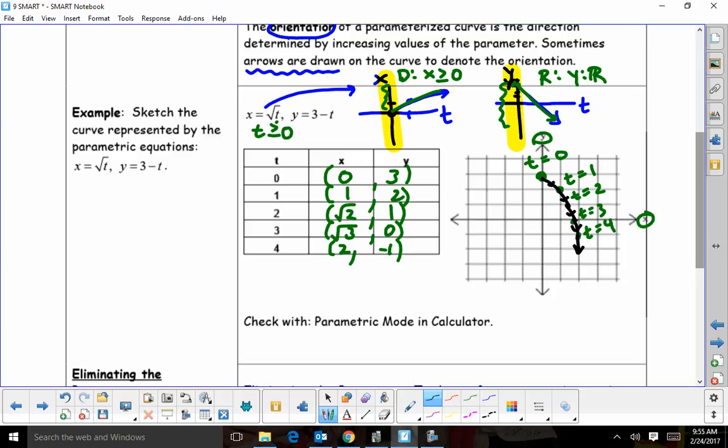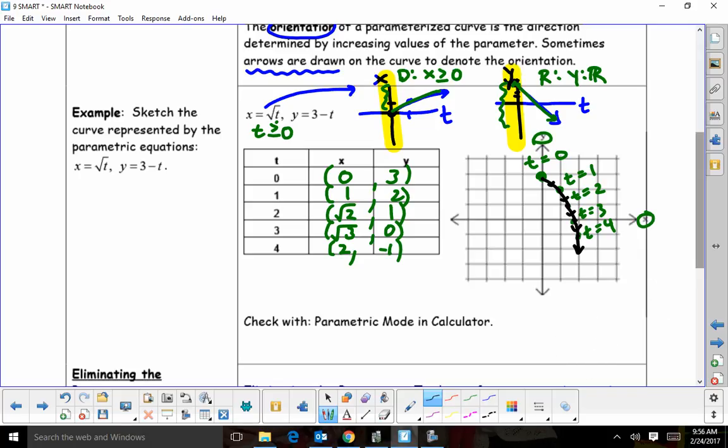I do. Because this is the thing. Sometimes you may have 2 endpoints, and then the particle may travel this way, and then it starts to travel this way. And then it bounces back, and then it bounces back, and it goes back and forth forever and ever and ever. Okay? So, yeah, parametrics are a little bit different.